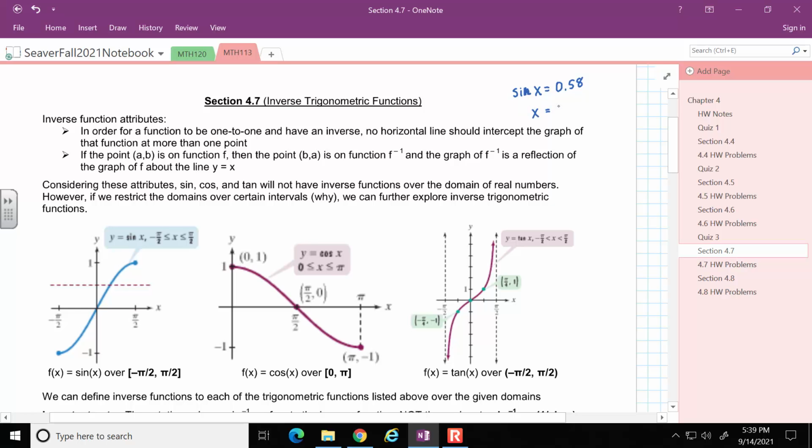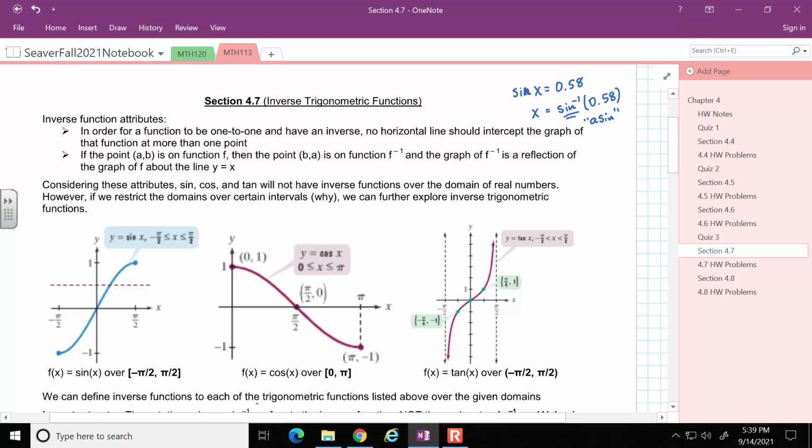So x then would be equal to the inverse sine of 0.58. And again, that is inverse sine, not 1 over sine. It usually looks like that. On your calculator at least, it could look like this, a sine, which stands for arc sine, I think. Same difference.